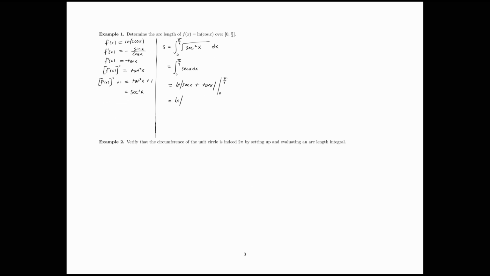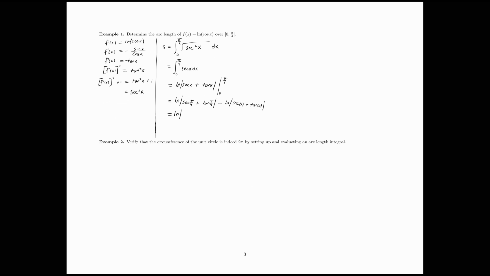So natural log, the secant of pi over 4 plus the tangent of pi over 4, minus the natural log of the secant of 0 plus the tangent of 0. The secant is just 1 over cosine, so the cosine of pi over 4 is root 2 over 2.